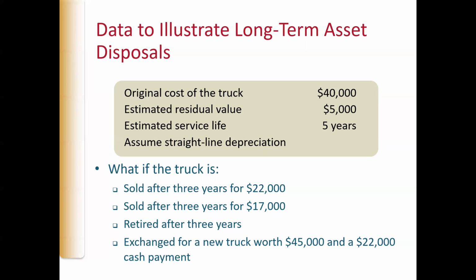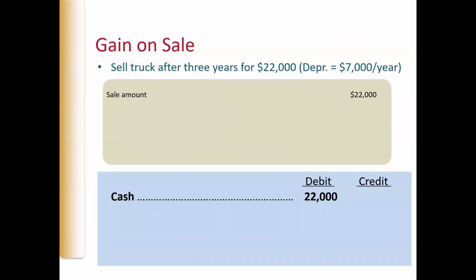So we had 3 years of depreciation, $7,000 a year. 3 years would be $21,000 of depreciation, right? And we are going to sell it after 3 years for $22,000.